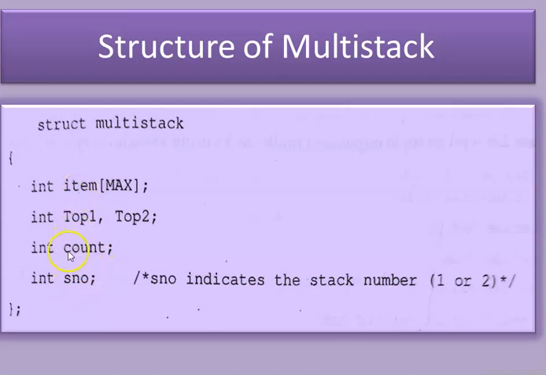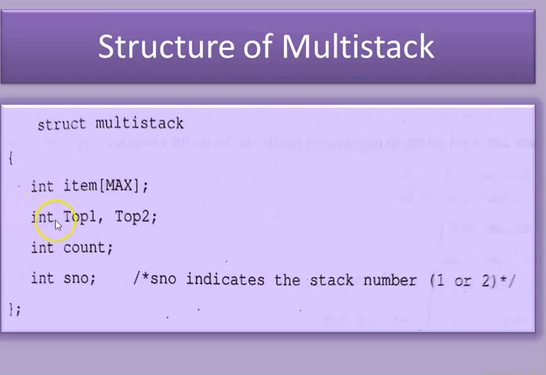Then we have to add 1 to count, because the push operation adds an element into the array. Similarly, when we pop an item either from the left side or from the right side, we have to subtract 1 from count, because the pop operation takes out an element from the array.